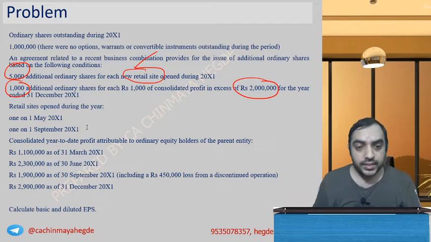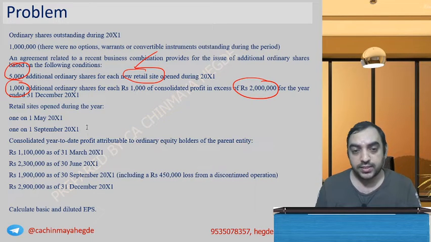Okay, let's come to the number of shares discussion. Then we go to the numerical calculation of basic and diluted EPS. Let's do it in columnar format.